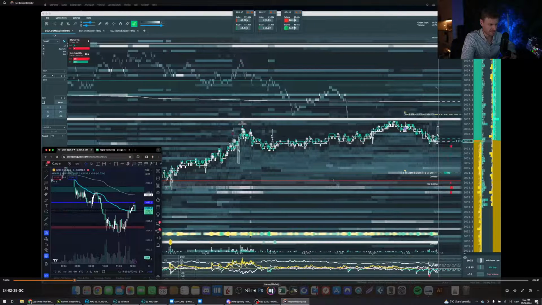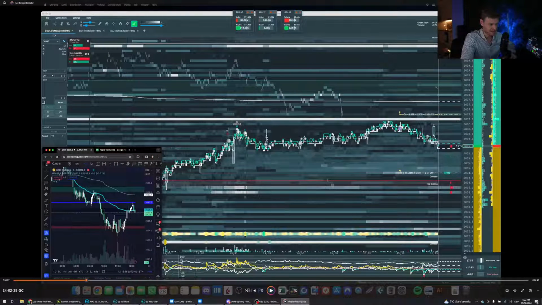I entered the short trade, and the first thing I saw is that my plan seemed to work out pretty well. Here was my entry, and I immediately saw some active sellers entering the market, pushing it down again to the dark pool level, and also to the anchored VWAP.